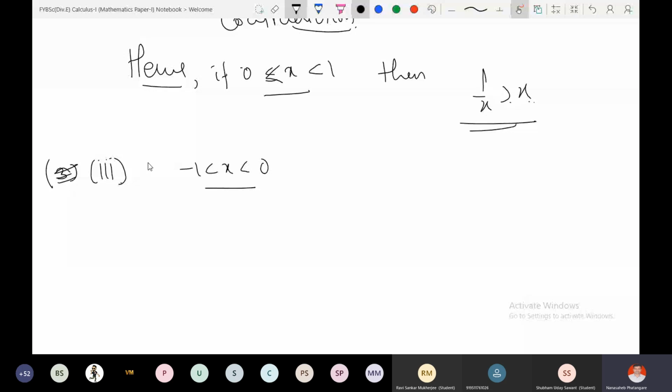If x is in between minus 1 and 0, then what can you say about 1 by x? Suppose I take x equal to minus 1 by 10, then what is 1 by x? Minus 10. So 1 by x is smaller, right? Am I right?